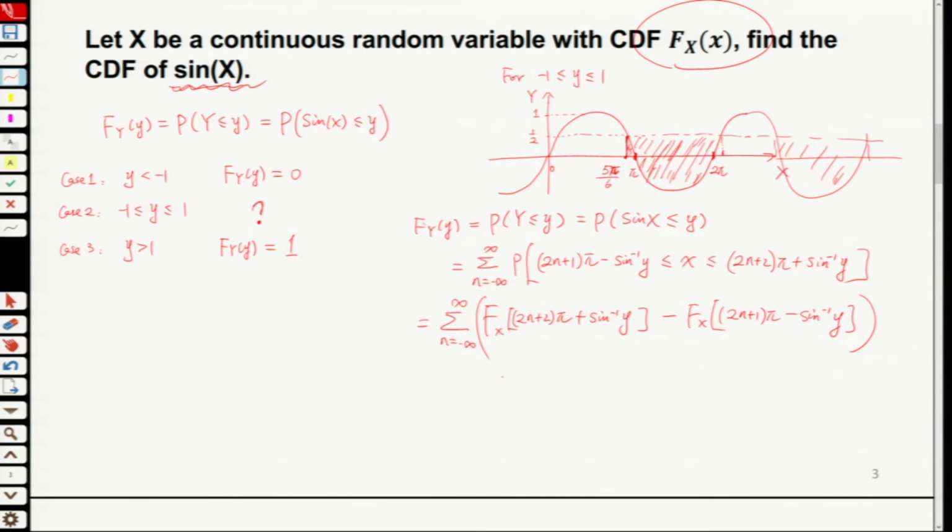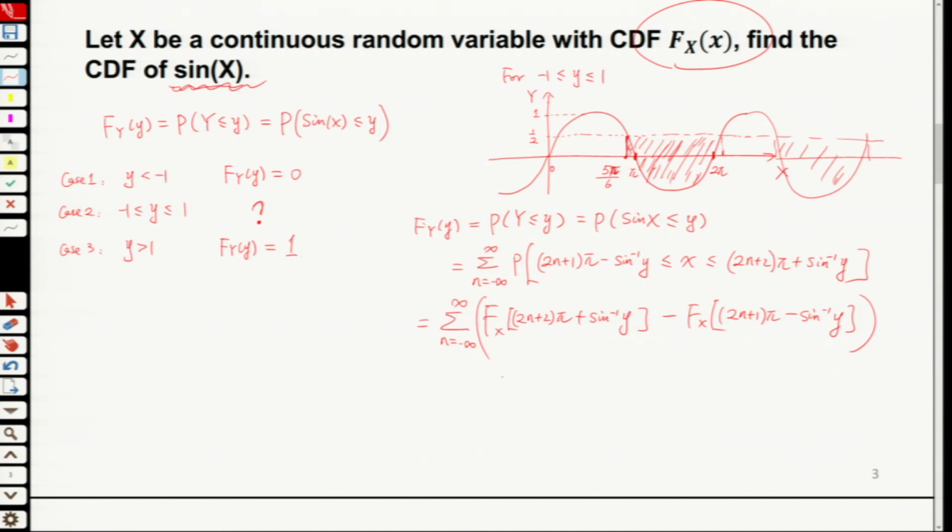When y is less than -1, this is 0. Greater than 1, this is 1, because everything is less than 1. In the middle, we need to find out the x, because this is y and we find the x in this range that will be less than this y. If n equals 0, x should be between pi minus sine inverse y and 2 pi plus sine inverse y.